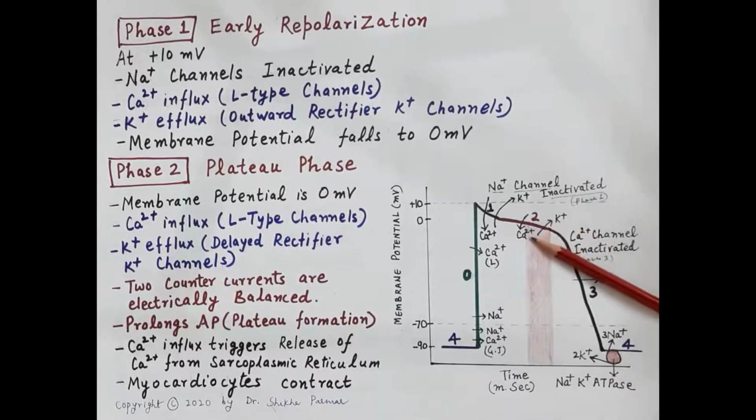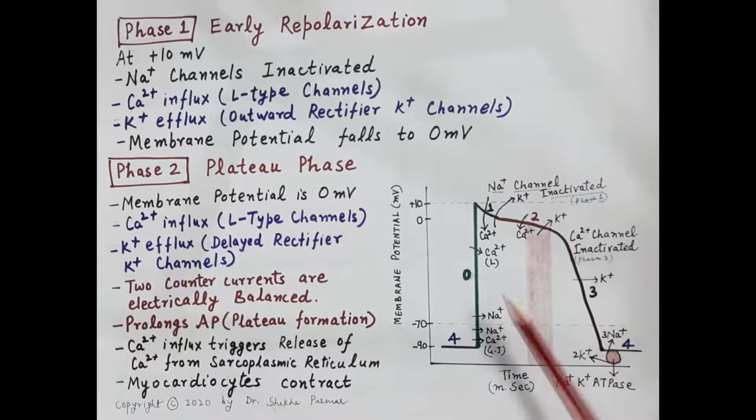And this influx of calcium ions is also responsible for the further release of calcium ions within the cell from the sarcoplasmic reticulum, and this calcium induced calcium release from the sarcoplasmic reticulum inside the cell is responsible for the contraction of cardiac myocyte.